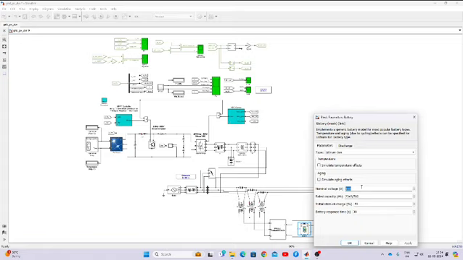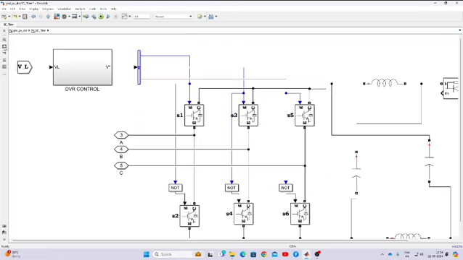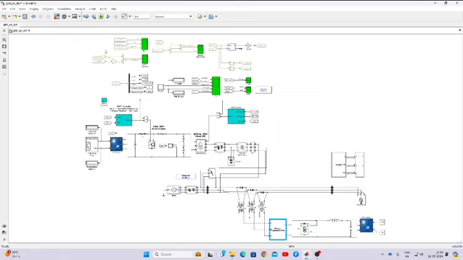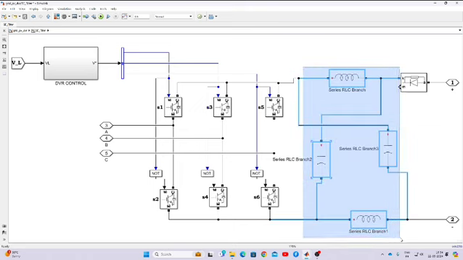The battery is operated at 610 volt, and this battery is going to drive that inverter. The inverter uses the concept of the trans-Z-source, a Z source element. So this is the Z source.